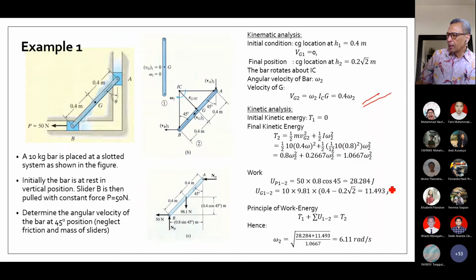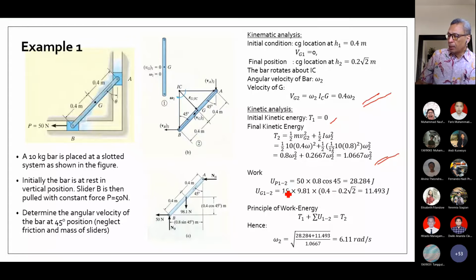Okay, that's the kinetic energy at the second position, and then the work done by external forces. External forces acting on this bar consist of reaction forces from the wall and from the floor, the external force 50 Newton acting on point B, and the weight of the bar acting on the CG.